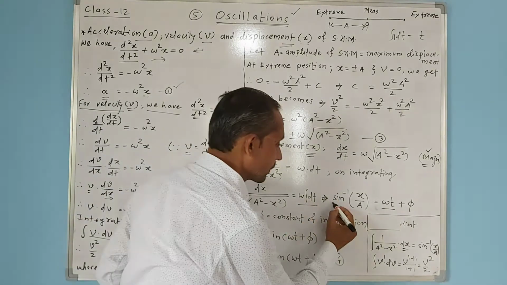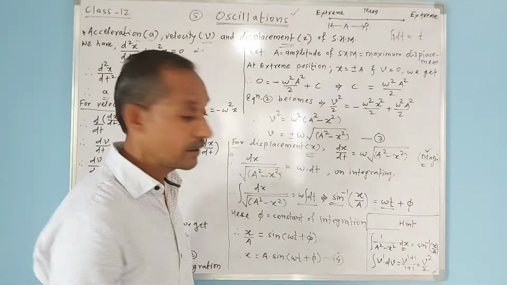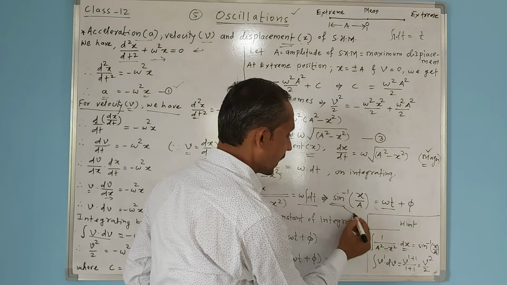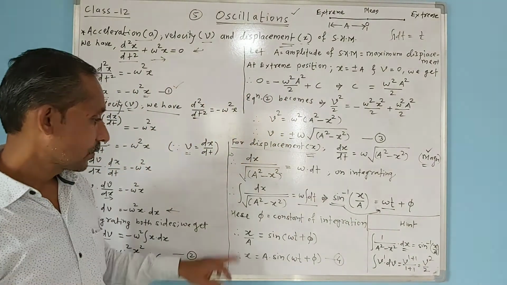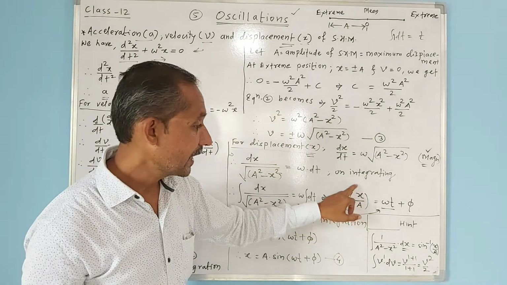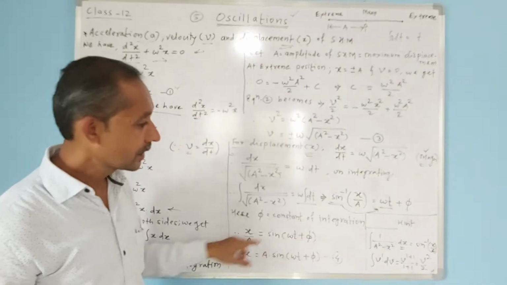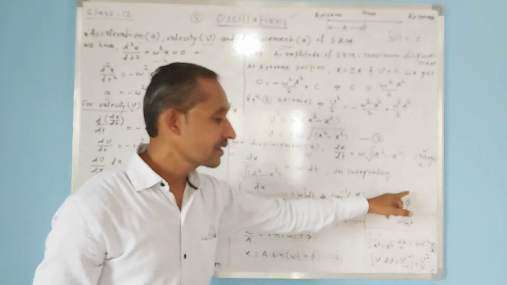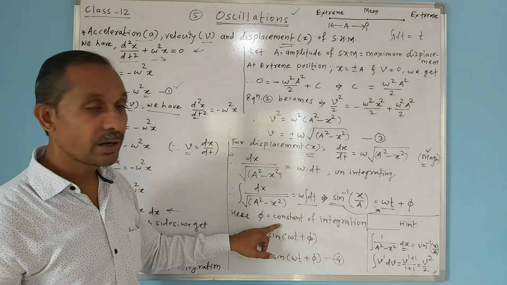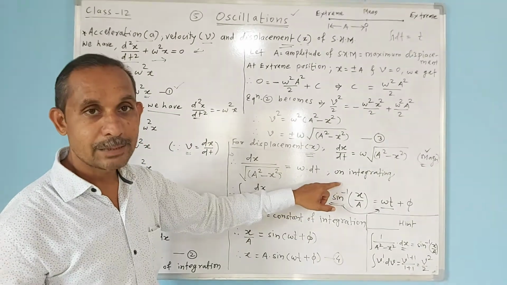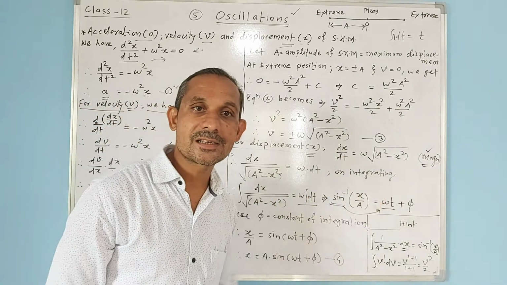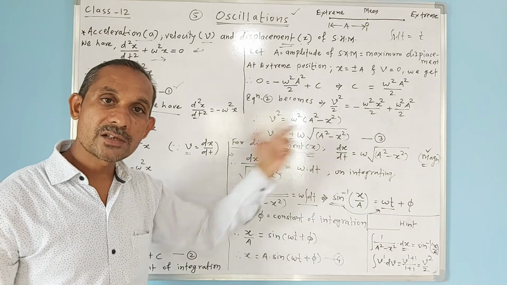Take this sine function at the right hand side. So we get remaining on the left hand side will be x upon a. Now shift the sine inverse. Here it is sine minus 1. When it is shifted to the right hand side, it becomes sine to the plus 1.